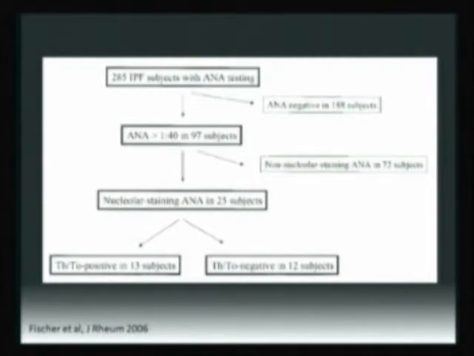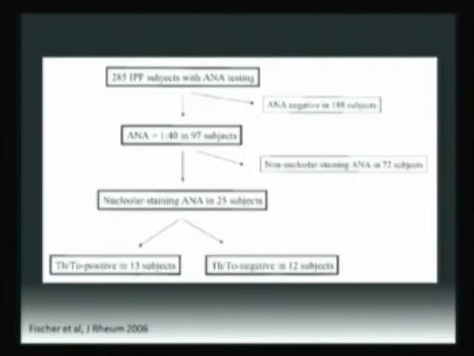This is a study by Ari Fisher, he works in Denver, showing that low-level ANA titers are very non-specific, and they can be found in up to 25% of patients with IPF. Are they different from patients without ANA titer and IPF? Probably not.